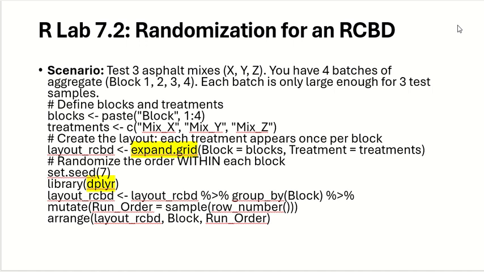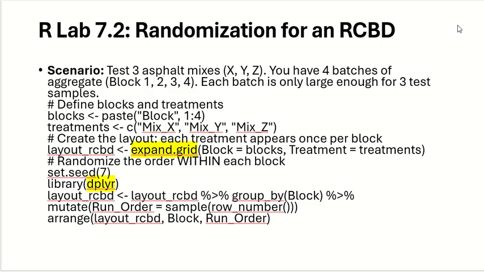So somebody comes and says, forget about the block. If you are not making replicates in the block, forget about it. For X, I have 4 replicates, one in each block. For Y, I have 4 replicates. For Z, I have 4 replicates. Is there any problem? No problem.